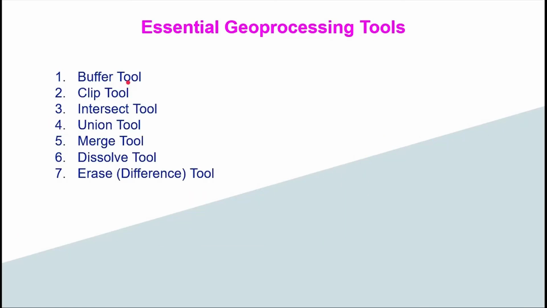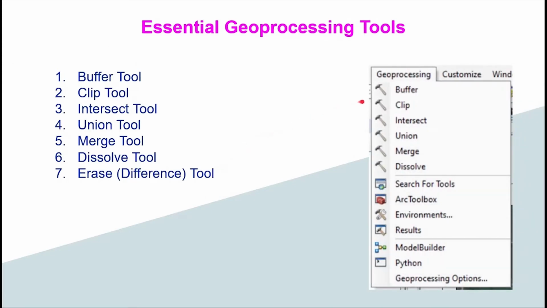In these lessons, I will explain those geoprocessing tools: buffer, clip, intersect, merge, union, dissolve, and erase. Actually, those first 6 you can find directly from the ArcGIS interface under the Geoprocessing tab.